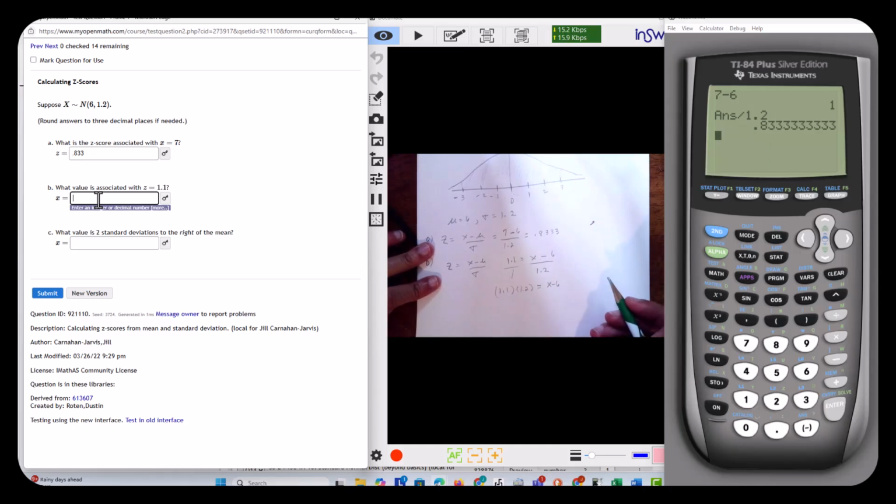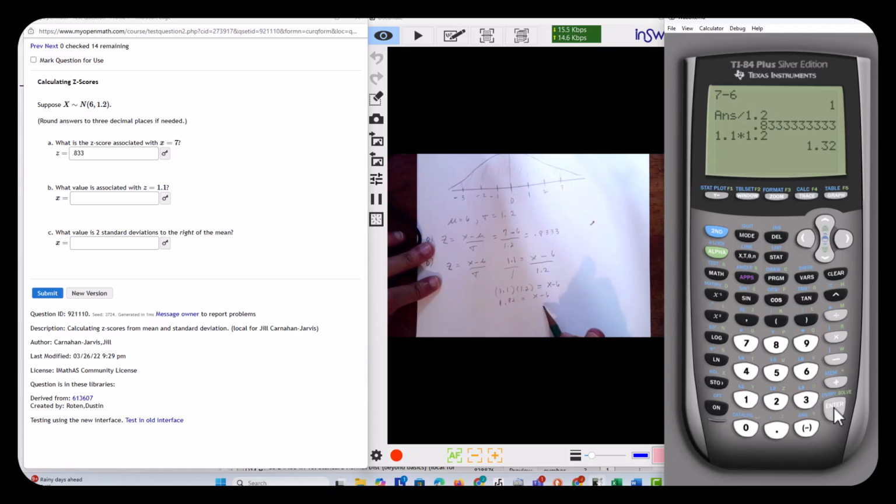So let's do the left-hand side, 1.1 times 1.2, which gives me 1.32 is equal to x minus 6.